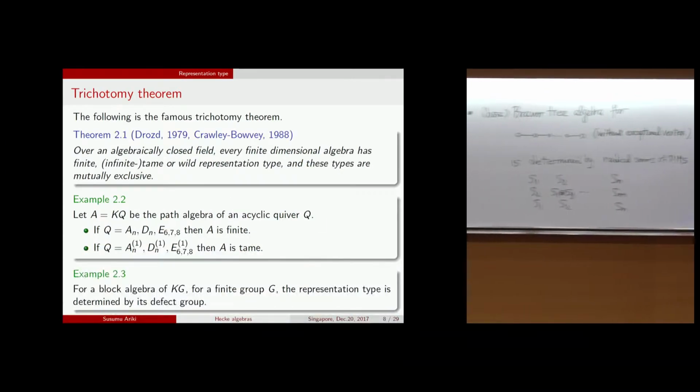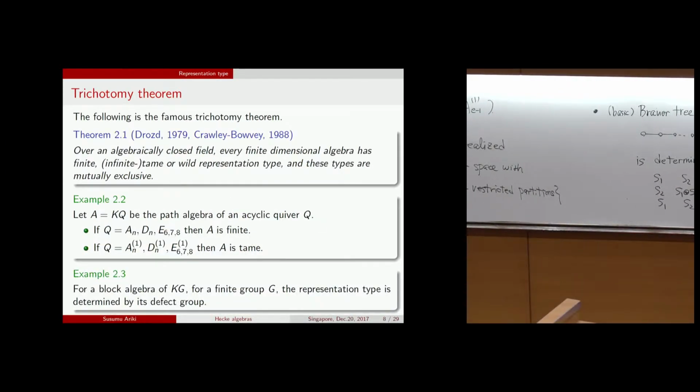And so the famous trichotomy theorem says that over an algebraically closed field, every finite dimensional algebra has finite, infinite tame, or wild representation type, and these types are mutually exclusive. The well-known examples are, for example, if A is the path algebra of a quiver, and if K is a finite field, then A is of finite representation type, and if Q is of affine type, then A has infinite tame representation type.